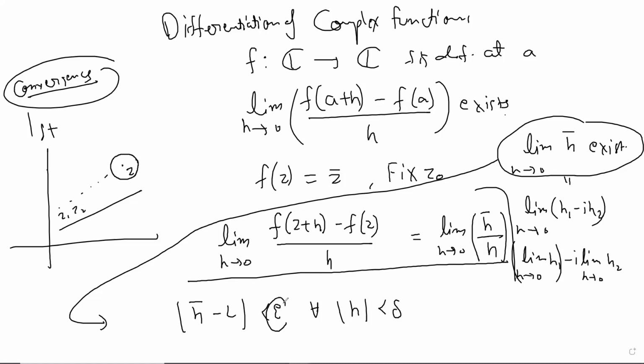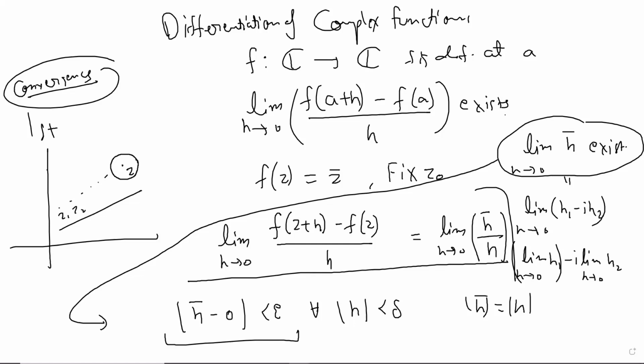Given an epsilon, if the limit of this is L, which we have guessed to be 0, you want h bar to be close to the limit by epsilon amount for all h that is in the delta ball, or the delta neighborhood in the real case. But this is trivial, because mod of h bar is equal to mod of h. So you can just take your delta to be epsilon. It's very simple that this exists.